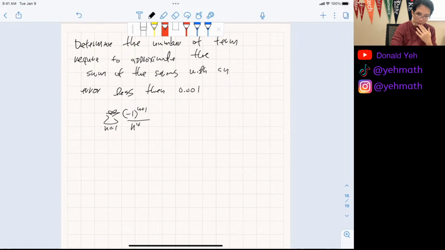Plug in n plus 1 for n, and we do the absolute value of it. We're trying to find a term that is less than 0.001, but it's the next term. Right now we're not trying to overthink it. We're just gonna take this and say next term.